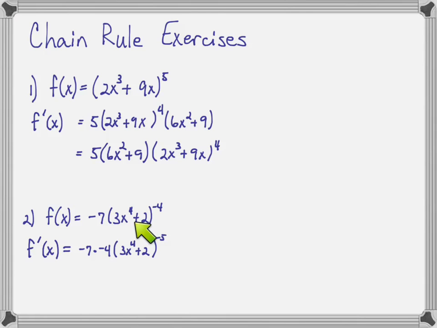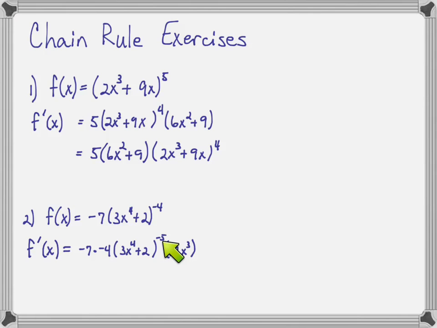So the derivative of what's inside is going to be 12x^3. Okay, so again, negative 7 times the derivative of the outside function, so that's negative 4 parentheses to the negative 5, and then times the derivative of the inside function.